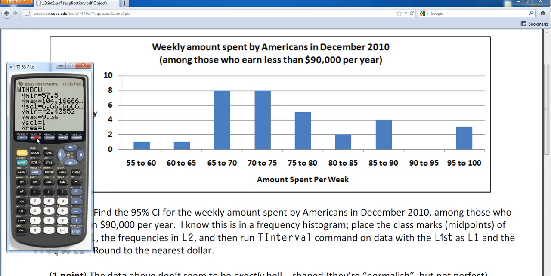Okay, we'll finagle a smidge. Looks like the min is 55, max is 105, and the scale is 5. I'm making the TI match the screen over here. And to make the window a little more presentable, we'll make that pop up. There we go. So there's your data, and here's a TI look at it.